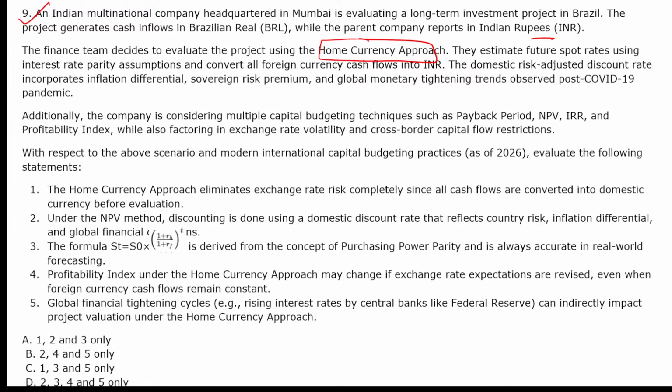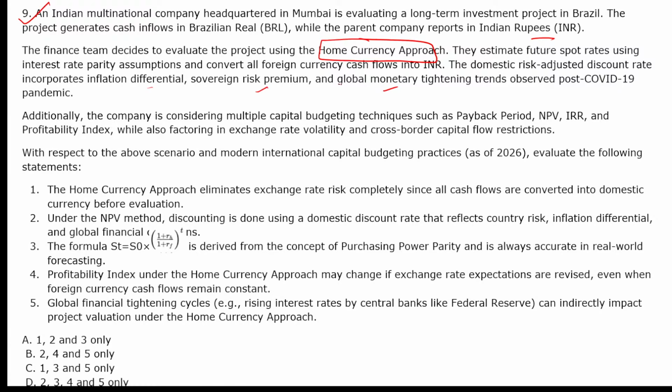Convert everything in home currency and use Indian currency discount rates. They estimate future spot rates using interest rate parity assumption and convert all foreign currency cash flow into INR. The domestic risk adjusted discount rate incorporates inflation differential, sovereign risk premium, and global monetary tightening trends observed post COVID-19.